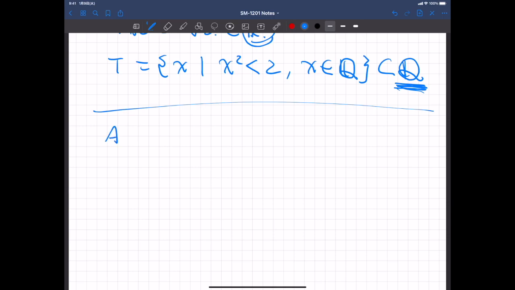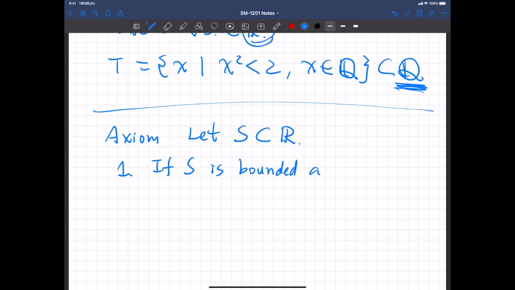So here's the axiom. Let S be any subset of real numbers. Okay, first, if S is bounded above, then supremum of S is a real number.